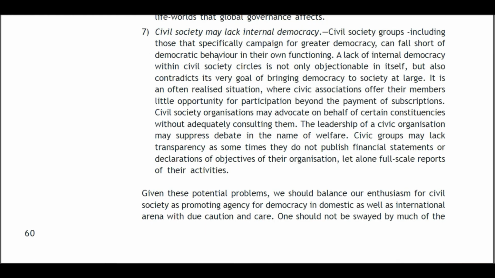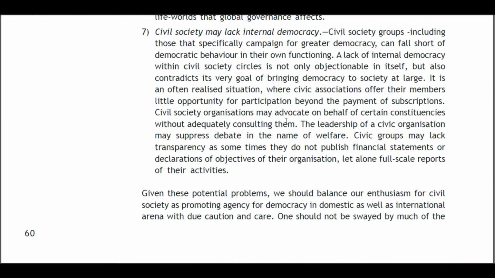Seventh, civil society may lack internal democracy. Civil society groups, including those that specially campaign for greater democracy, can fall short of democratic behavior in their own functioning. A lack of internal democracy within civil society circles is not only objectionable in itself, but also contradicts its very goal of bringing democracy to society at large. It is an often realized situation where civic associations offer their members little opportunity for participation beyond the payment of subscriptions.